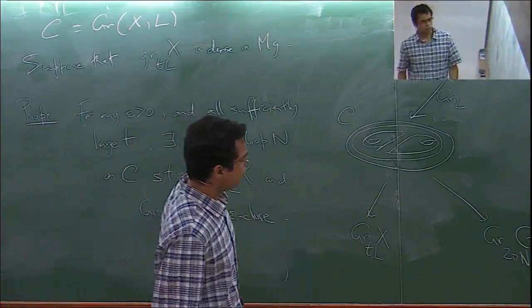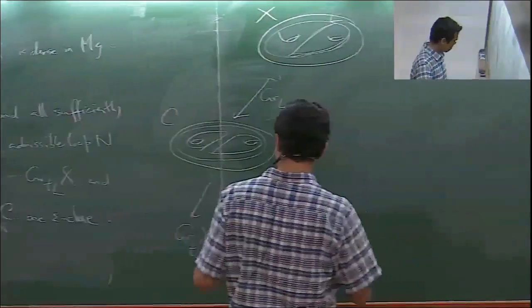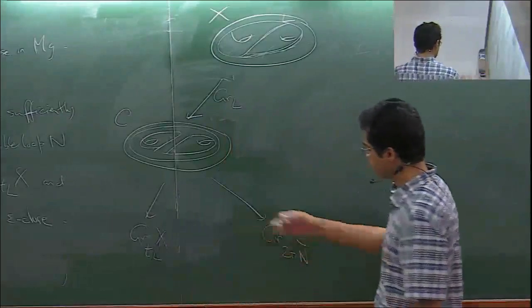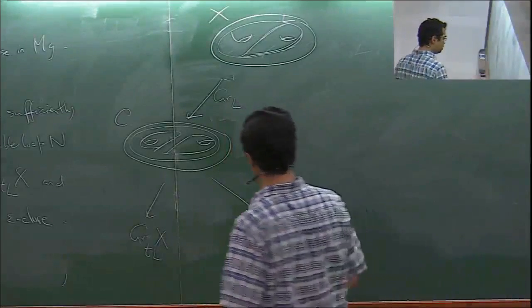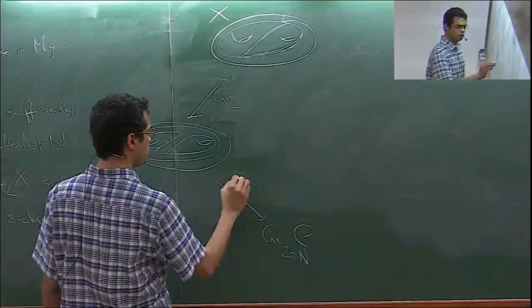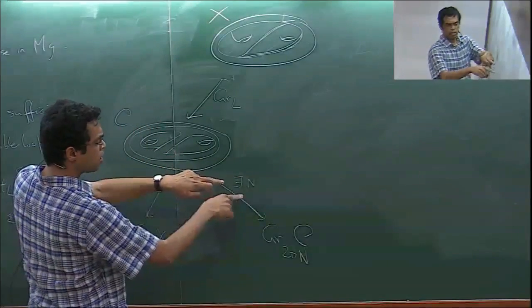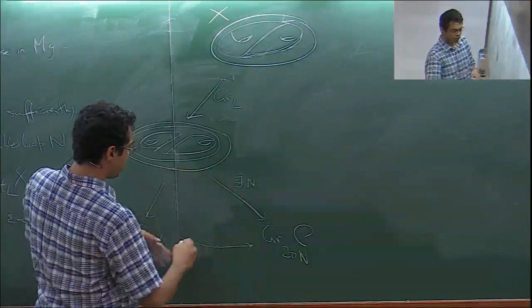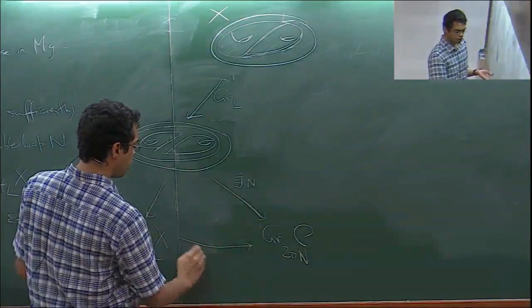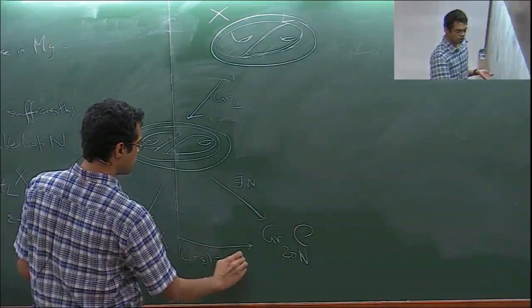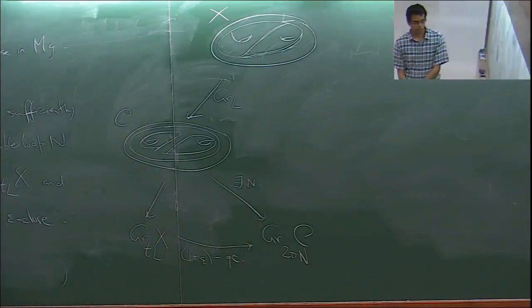So let me give some idea of how this works. There are two things I need to say. How do you pick this admissible loop n? And then to show that they're epsilon close, we need to build a 1 plus epsilon quasi-conformal map.